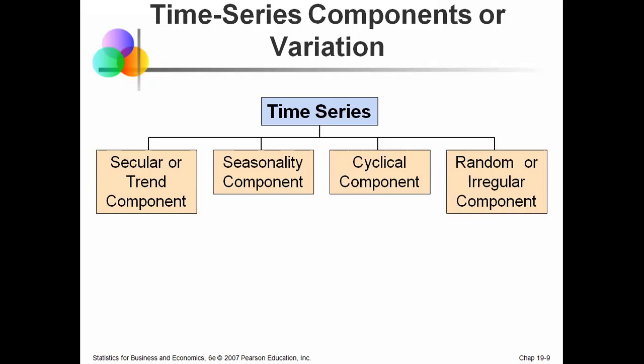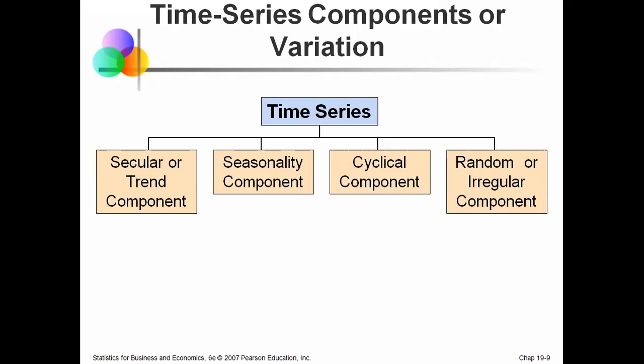So the components are nothing but fluctuations, nothing but variations. Why are there variations in time series data? Then we need to understand. Generally, there are four types of components or four types of variations in time series data.